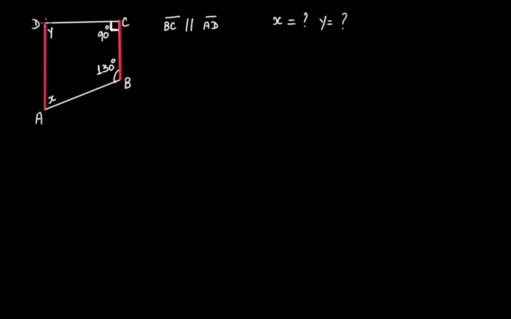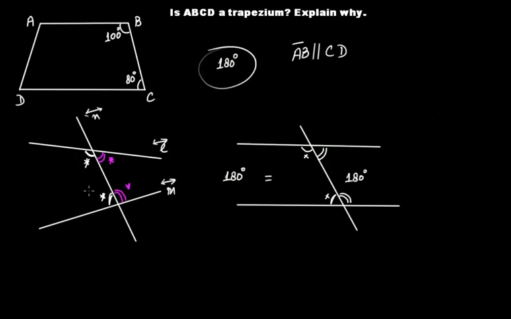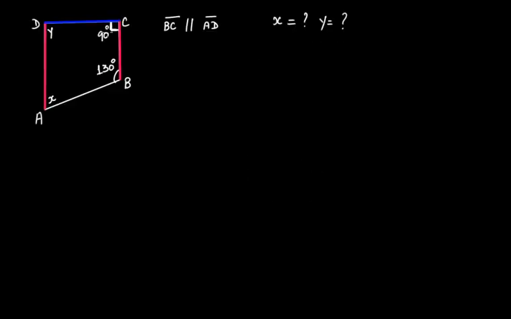And this one is the transversal for these two parallel lines. So tell me, just now we have discussed this thing, this angle plus this angle has to be equal to 180 degrees. Two parallel lines and a transversal, internal angles on the same side of the transversal.